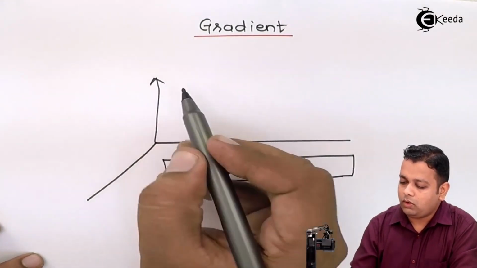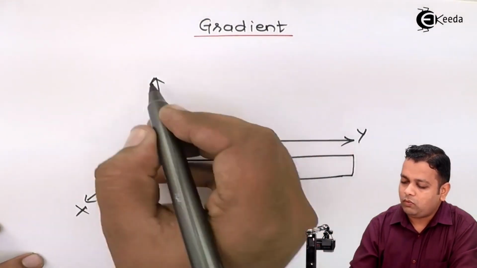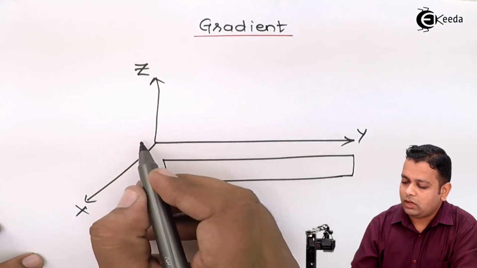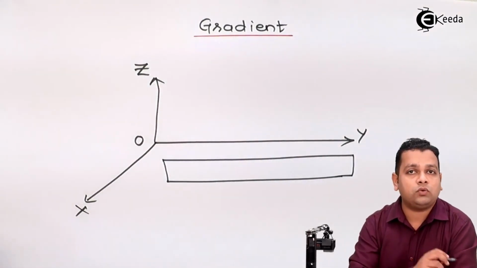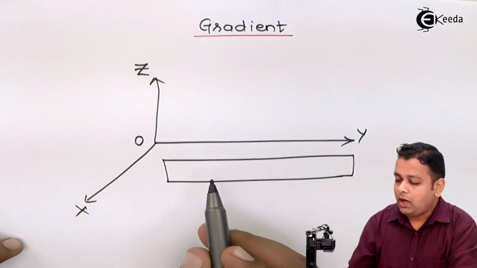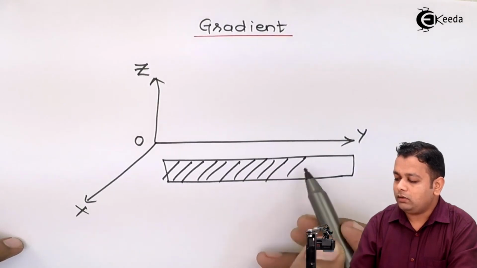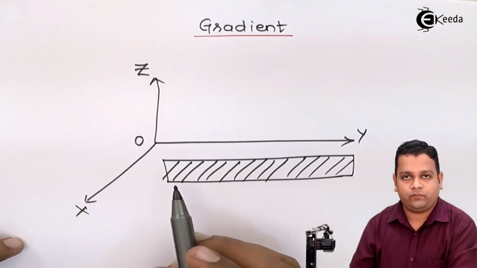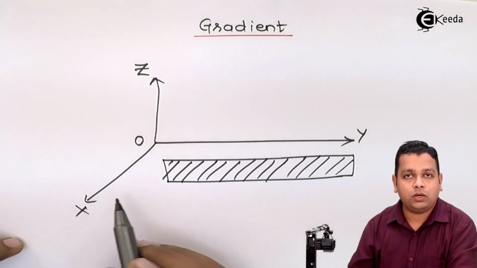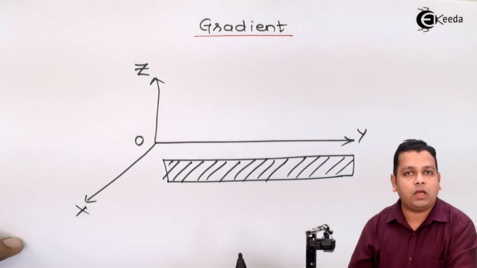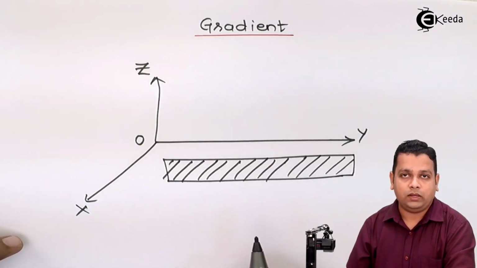In the rectangular coordinate system, we represent the axes x, y and z, which are mutually perpendicular to each other and intersect at the origin O. Now I have taken this metal rod parallel to the y-axis. We can measure the length of this rod in terms of y1, y2 and so on. So the differential will be dy.